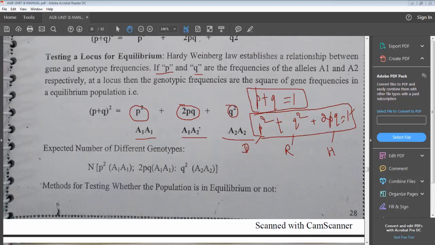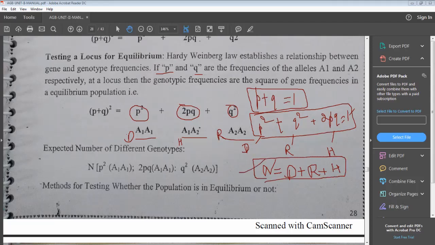So n is the total number of the population, that is D plus R plus H. That will give us the total n.